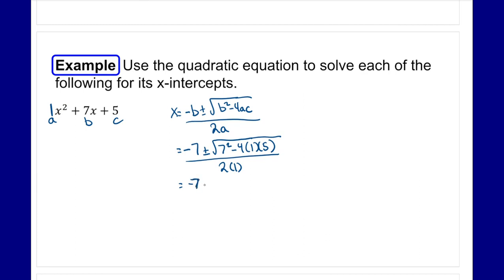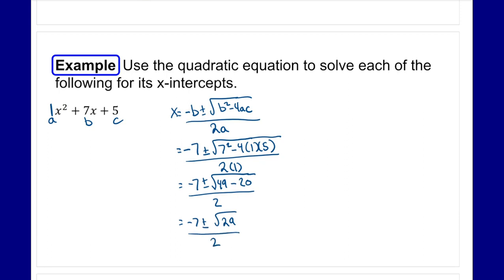So negative 7 plus or minus, we can solve this square root: 7 squared is 49, minus 4 times 1 times 5 is 20, all divided by 2. So this becomes negative 7 plus or minus the square root of 29 divided by 2.